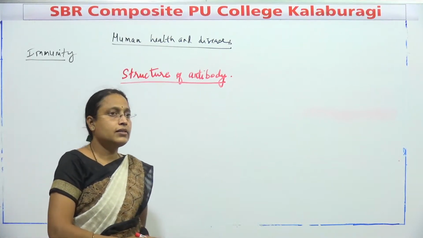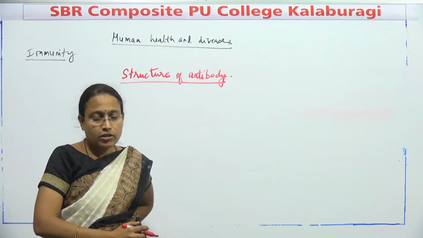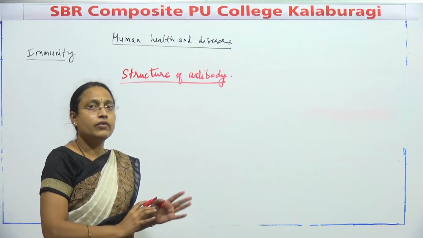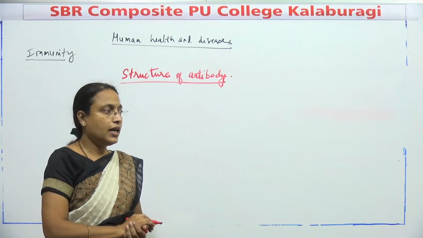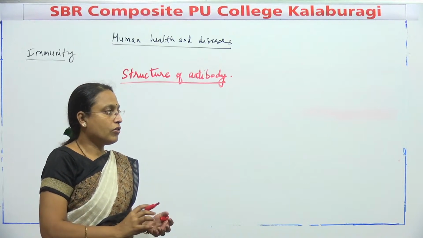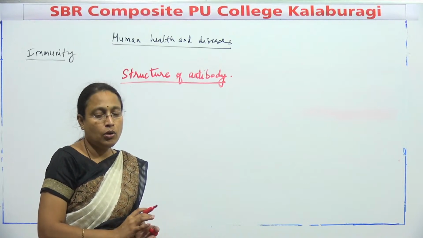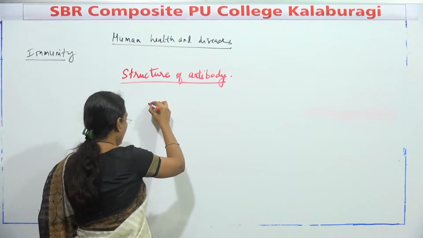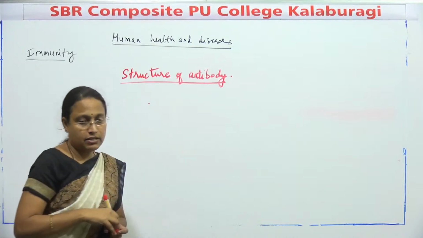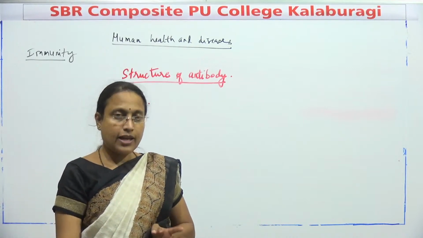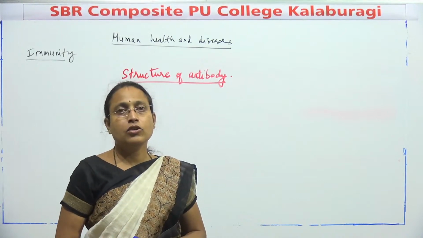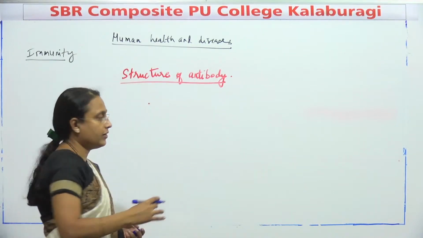Now, what you should know regarding the structure of antibody, which are the different types of antibodies, and what is the use or function of each antibody. Now, antibody will have chains. It has two chains. One is called heavy chain and another is called light chain.